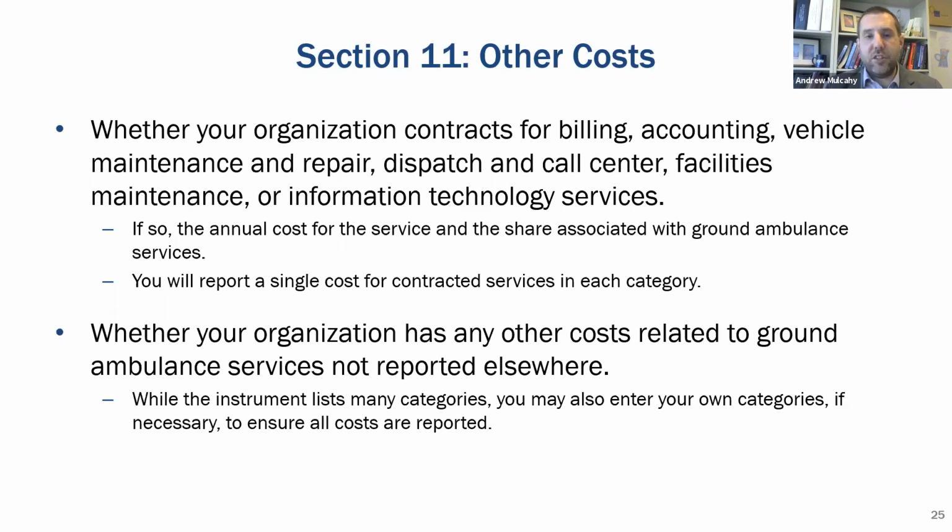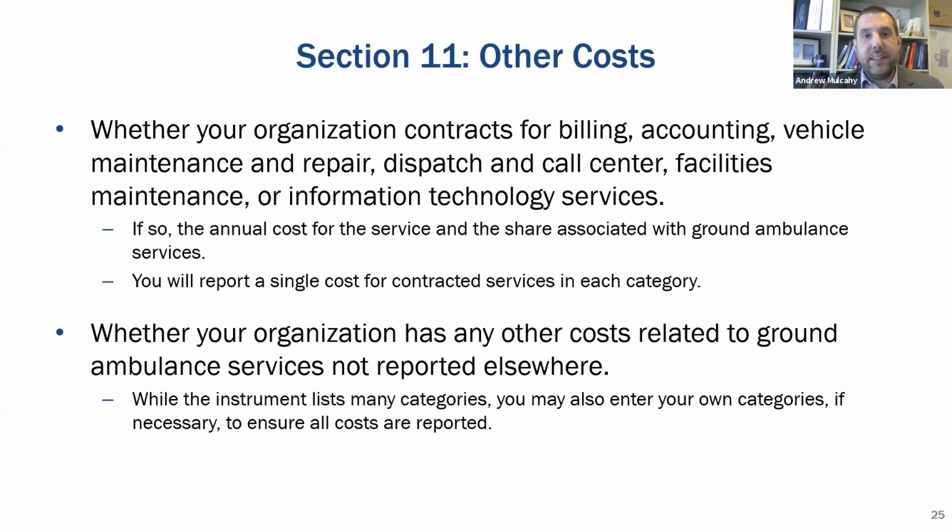So if you as an organization pay out some potentially large amount to another company to handle billing, accounting, vehicle maintenance, dispatch, IT, in some cases staffing ambulances, and that applies to your organization, you can report that broader amount for a service contract in section 11 rather than elsewhere in the instrument. There are a couple categories that will help you slot that contracted service appropriately. There's also a write-in category.